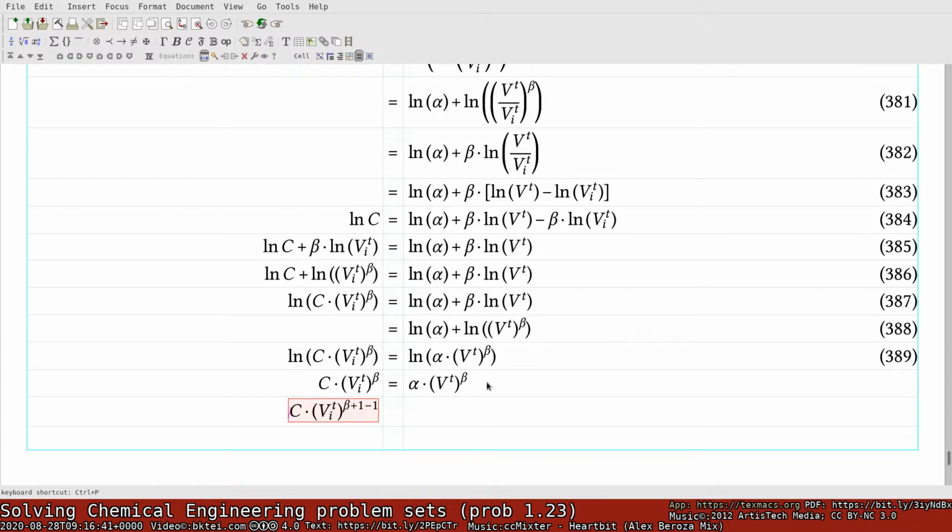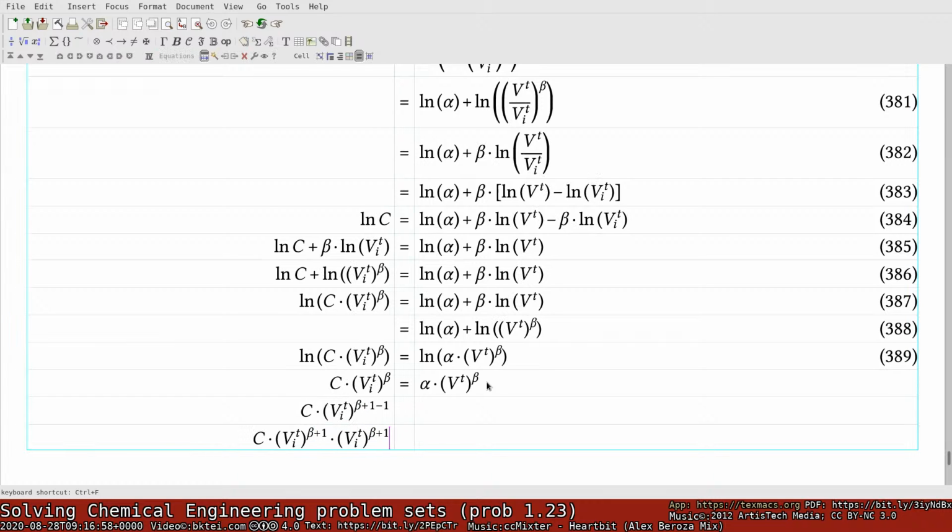Then if we said, okay, that's equal to beta plus 1 times the same thing, but with beta minus 1.